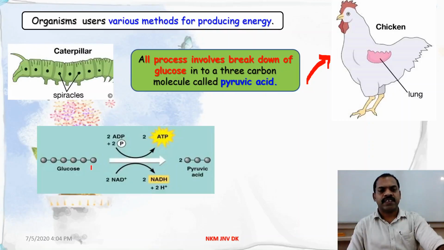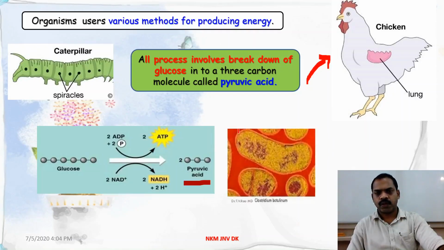This 6-carbon molecule is broken down by releasing energy and forms 2 pyruvic acid. Pyruvic acid is a 3-carbon compound. So 2 pyruvic acid are formed from a single glucose by producing little energy. It can be done by aerobic or anaerobic organisms.